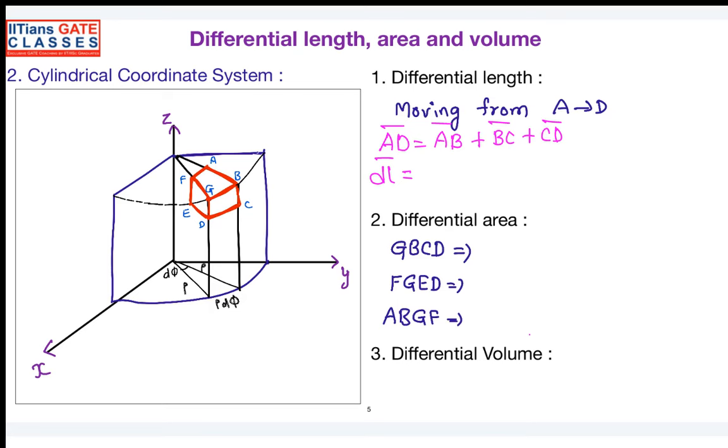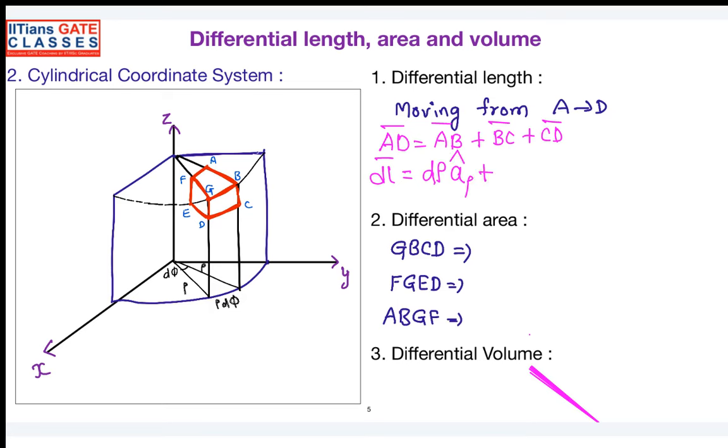Rho. Can you tell me in terms of vector? Moving from A to B, there is a change in rho, d rho, a rho cap, plus when you move from B to C, what will happen? There is a change in Z. So I will write that as dz into az cap, plus when you move from C to D, what will happen?